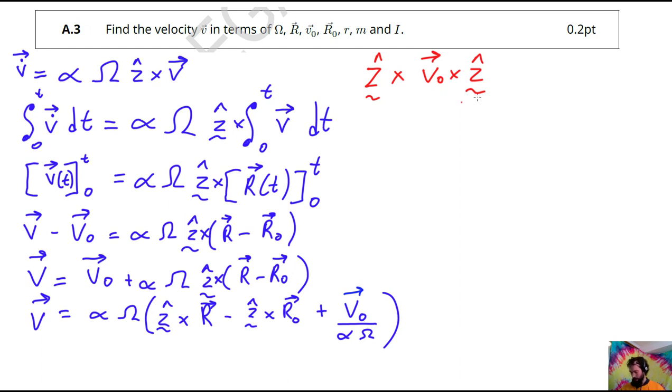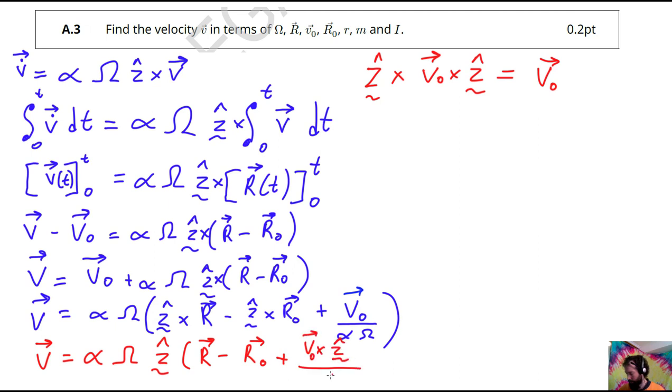But if I do my a dot c term, that's going to be pointing in the direction of v. And z dot z hat in this case is just going to be 1. So I have this nice property where this is going to give me v naught like this. So this means I can actually rewrite this by factoring out my z cross. So I'm going to get that v is equal to this expression here.